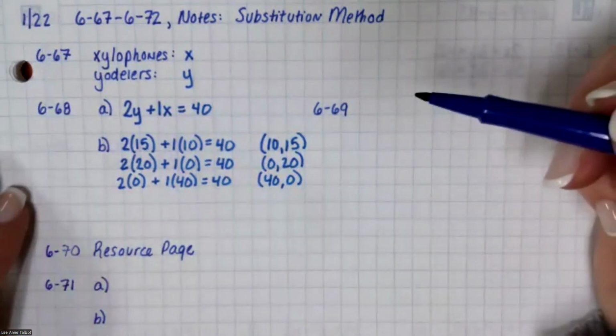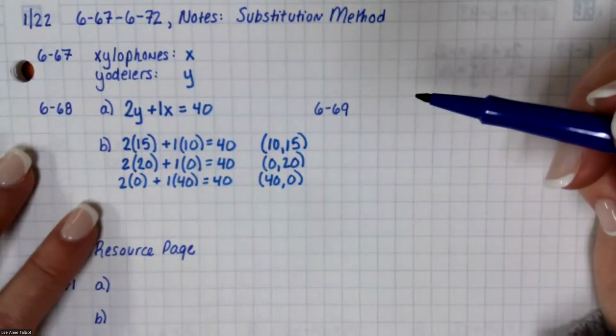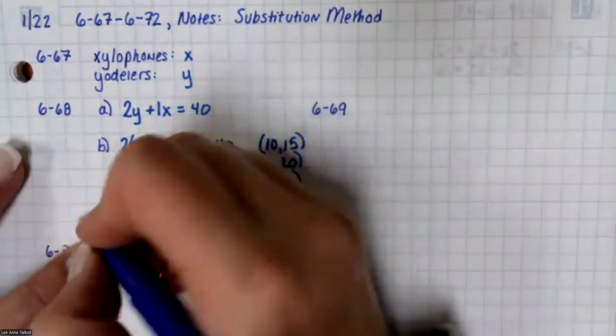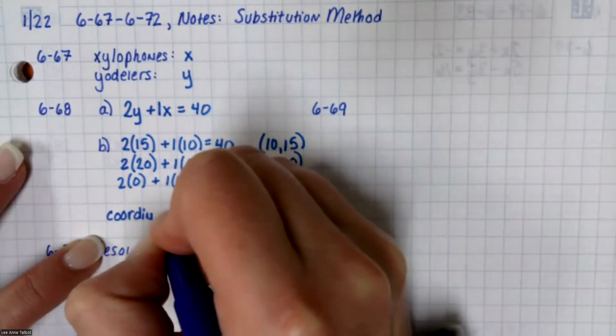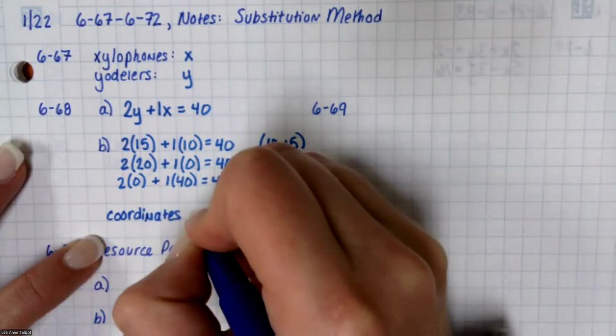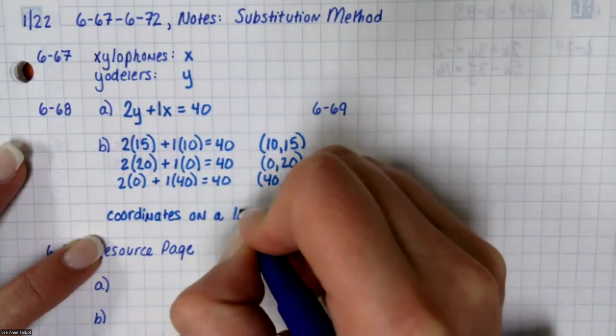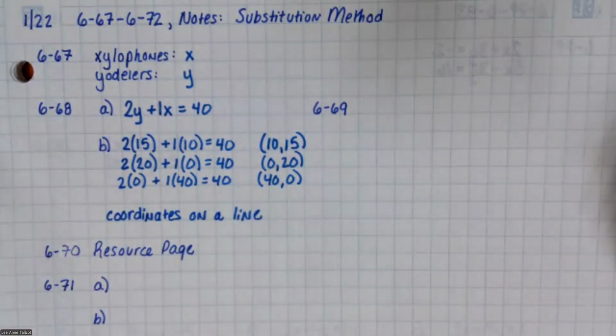Yeah, okay. What else should I say instead of what type of graph? I don't know. Okay, anyway, these are all coordinates on a line. Okay, that's it for number 68.